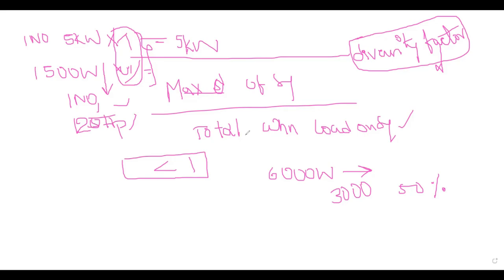So what we're discussing is demand factor and diversity factor, right? So diversity factor is the sum of the individual maximum demands by the maximum demand of the system. Like, what is the installed load and what is the running load?